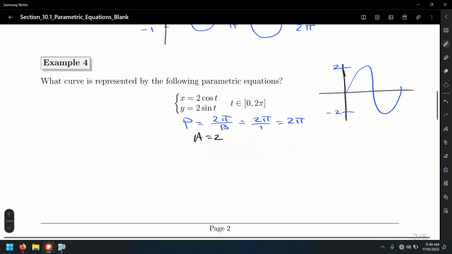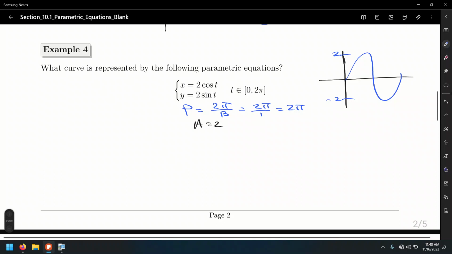Number one, I'm going to rewrite the two equations. x equals 2 cosine t and y equals 2 sine t. So cosine t is x over 2 and sine t equals y over 2.